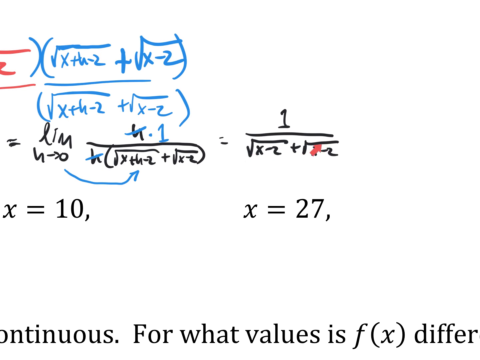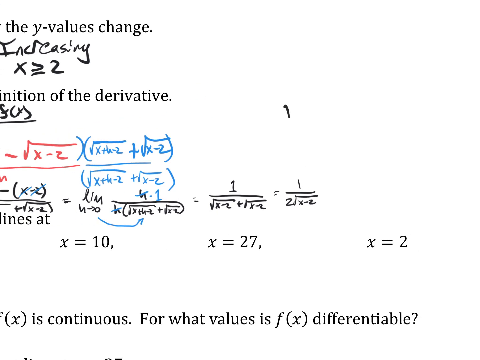And when we add these two, we can simplify this. These are the same radicals. So if we have one of these plus one of these, we have two of them. So we can write this as 1 over 2 square root of x minus 2. And there it is. So we just found out that the derivative of the square root of x minus 2 is 1 over 2 times the square root of x minus 2.